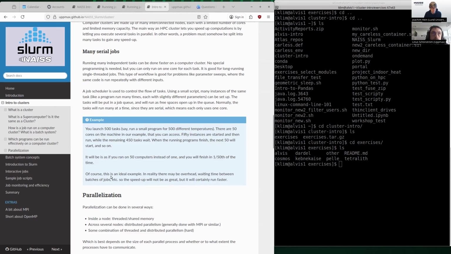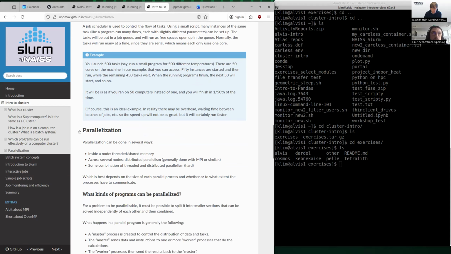When the running programs finish, the next 50 will start, and so on. So what you are doing actually looks like you are running 50 computers instead of one, and that will help you to finish your task in 1/5 of the normal time. So this is for the serial jobs.